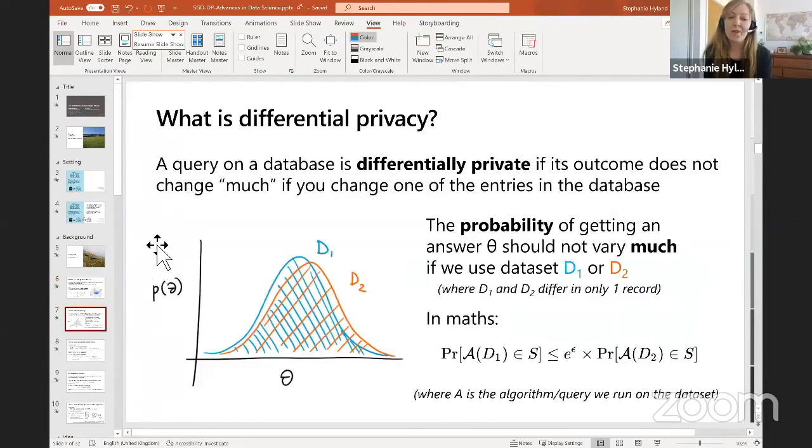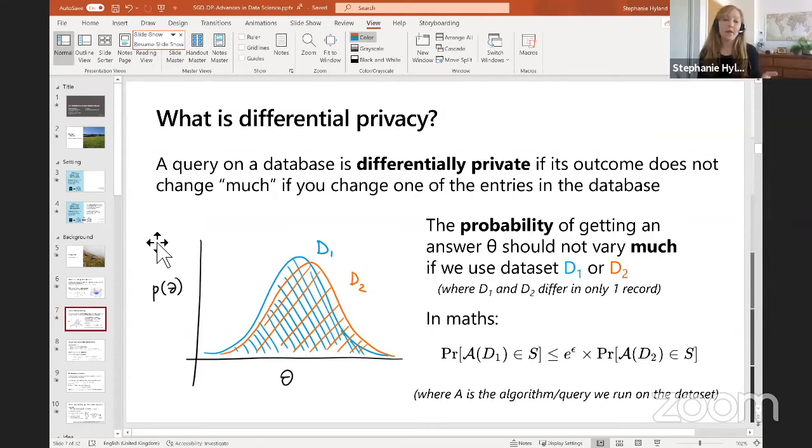What about differential privacy? Differential privacy is a very strong notion of privacy. The basic idea is that we can think of a database, for example, a hospital's medical database, which may contain private information. We think about a query on that database, and differential privacy is a property of that query.